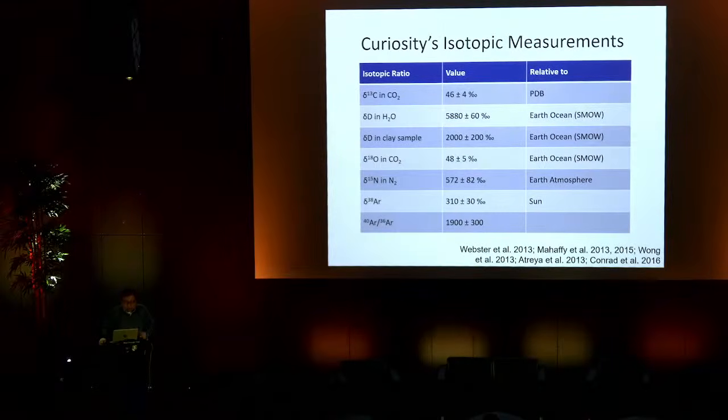I would like to point out here that, for the D/H ratio, the different water reservoirs on the surface of Mars could have vastly different D/H ratios, as shown by data and models. So D/H is actually fairly complicated, but for carbon, nitrogen, and argon, there is no evidence to suggest that the different reservoirs of those elements would have different isotopic signatures.